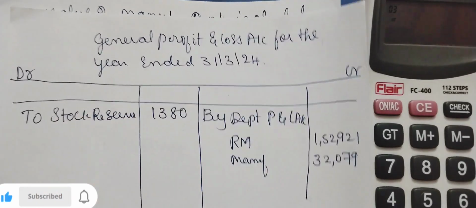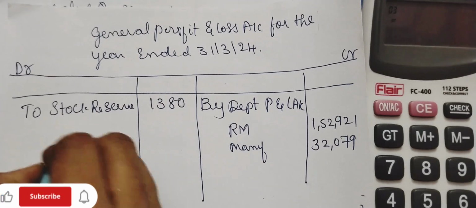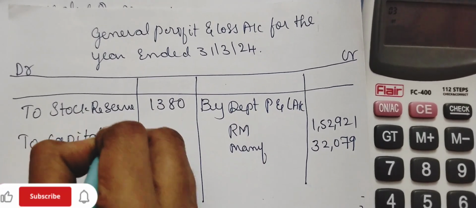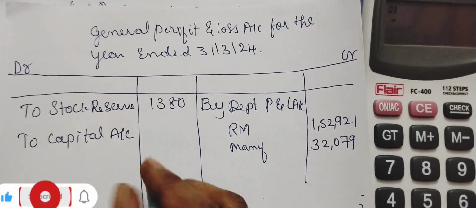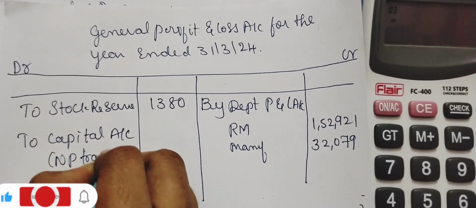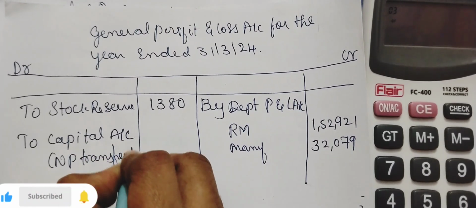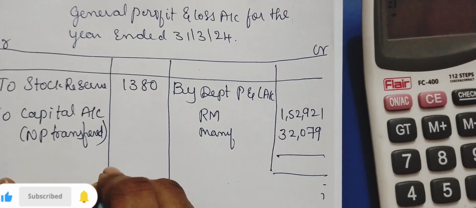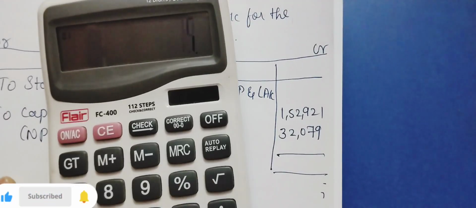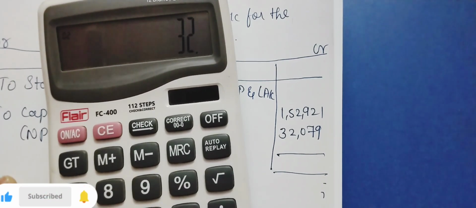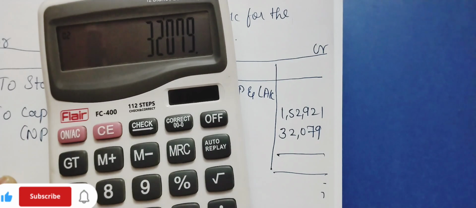1,380. Okay. Now the profit we are transferring to the capital account. Net profit transferred. What is the total? 1,52,921 plus 32,079.